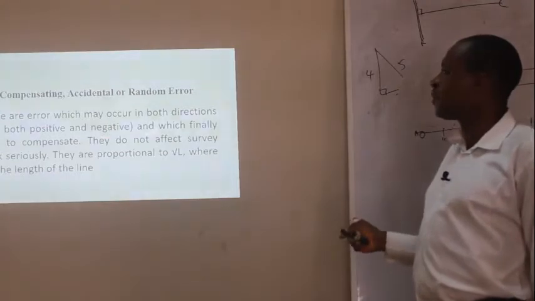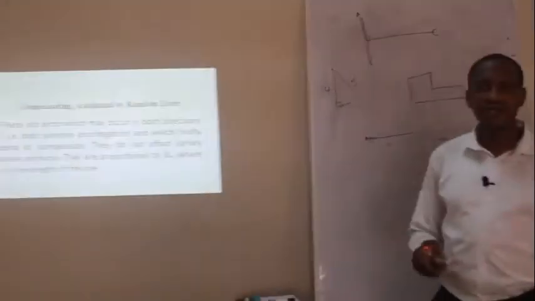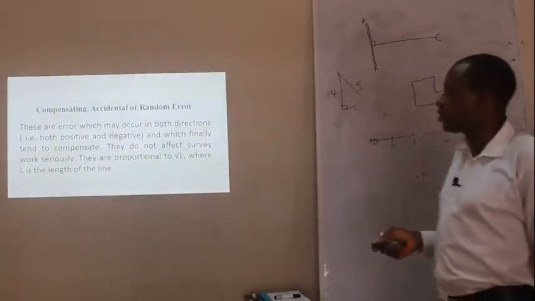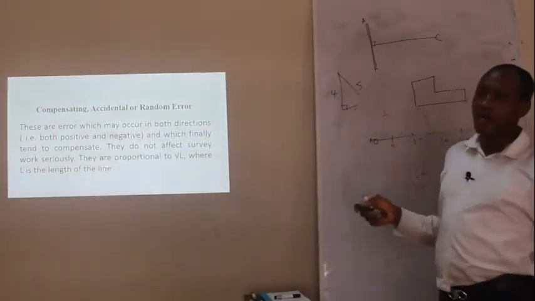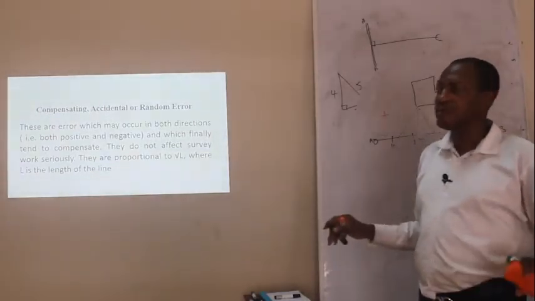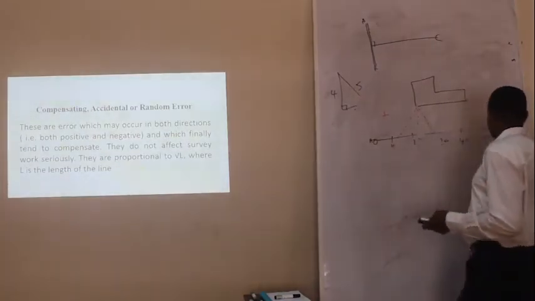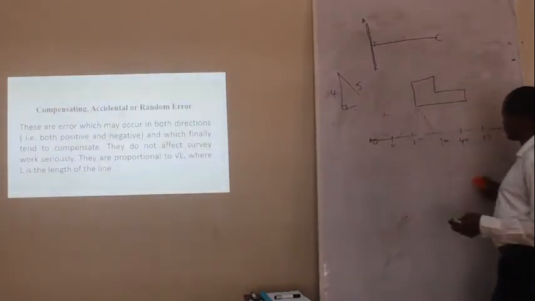And that is what we normally adjust, do rigorous adjustment to remove in surveying. You always find them, but because it is randomly distributed, it obeys the law of normal distribution.